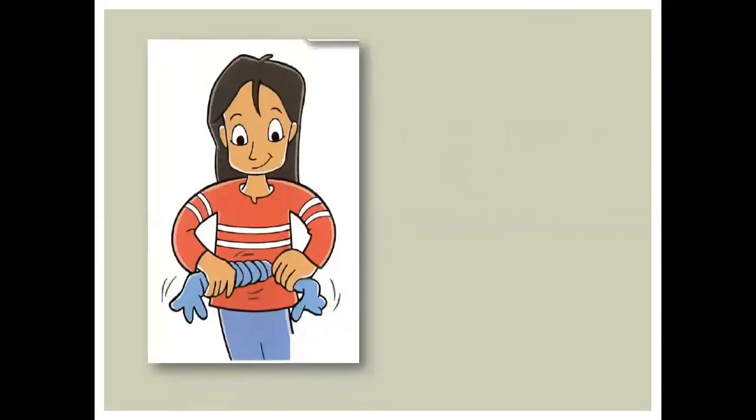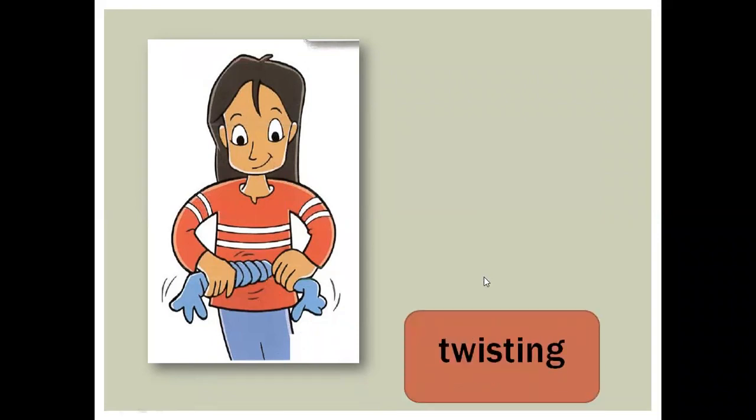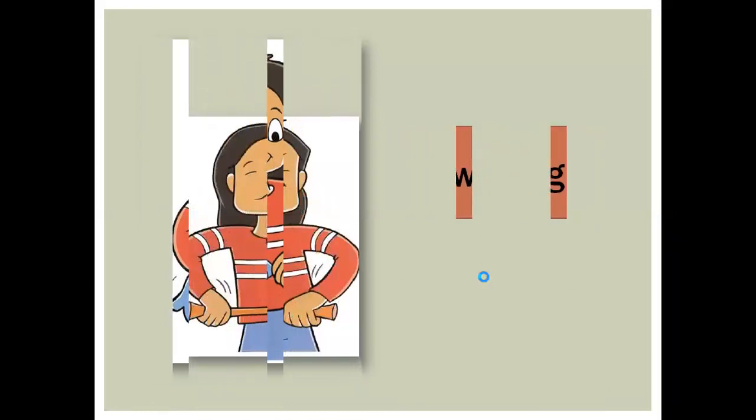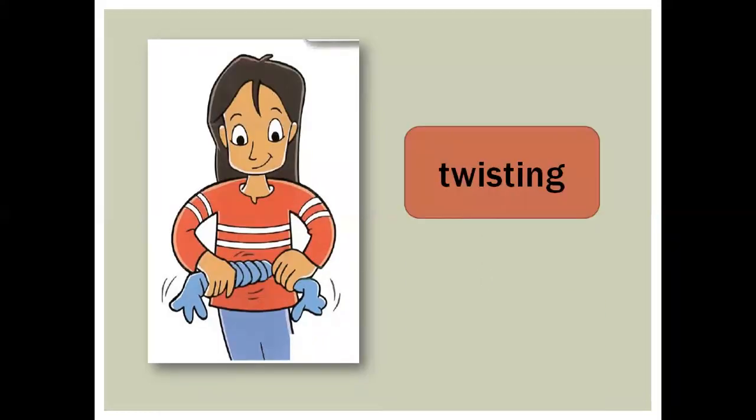The next girl is using a towel or a piece of cloth and she is applying force by twisting the towel. What is she doing? She is twisting the towel. She is applying the force to change the shape of the towel.